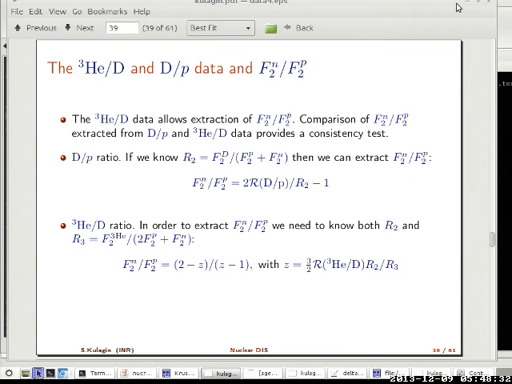The first answer, probably not, because the targets are different. But if we think of it just a little bit, then we could try to compare the N over P ratio extracted from these two measurements, and that would be the tool to possibly judge the consistency of different data.